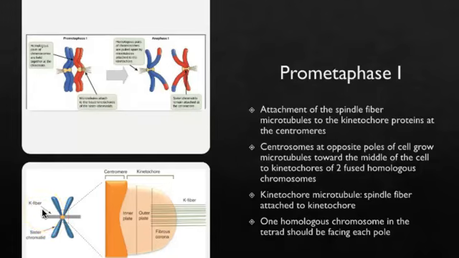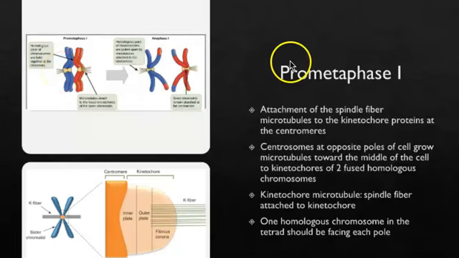This ensures that when the separation happens later on, each homologous chromosome will move toward a different pole of the cell. Notice that in pro-metaphase 1, the sister chromatids of each chromosome are still fused at the centromere, and they will not separate just yet. I think that's better depicted over here, though.